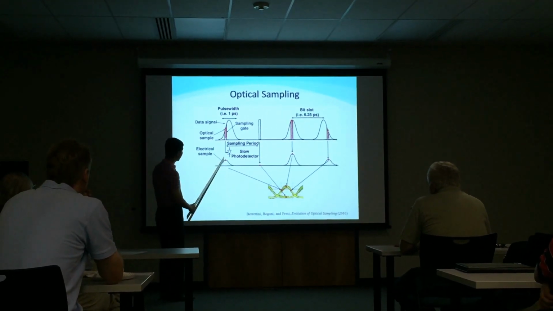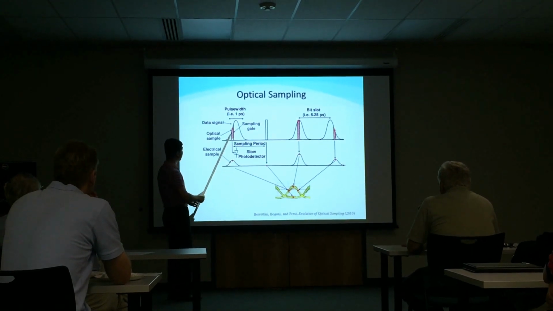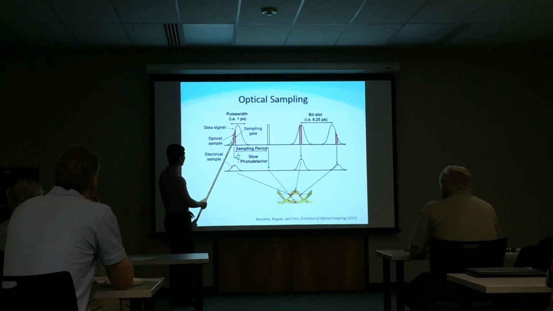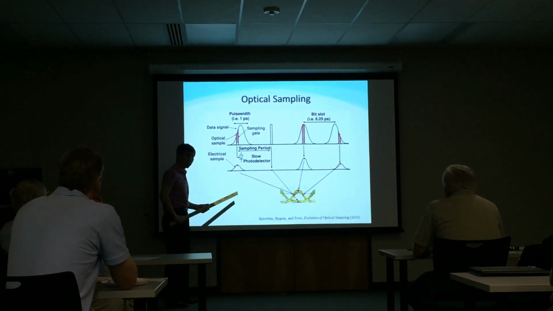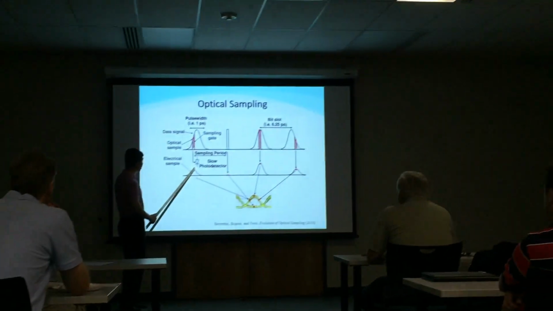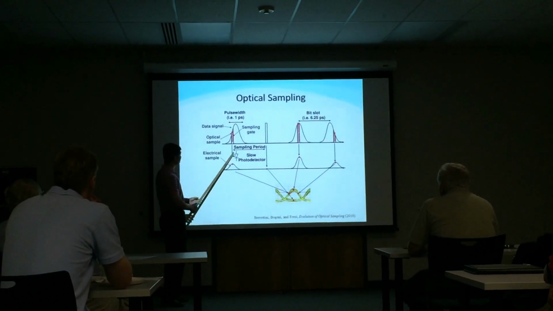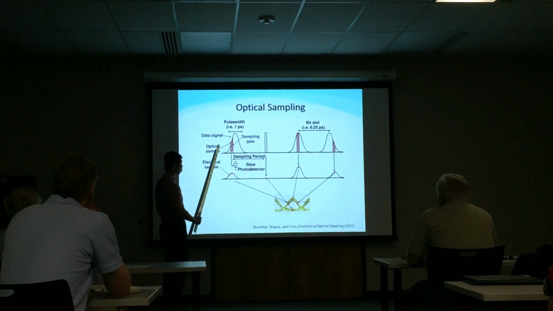So for each one, you only need a slow detector. Although the slow detector cannot probe the shape of the optical signal within this gate, the amplitude is nevertheless proportional to the amplitude at this point.